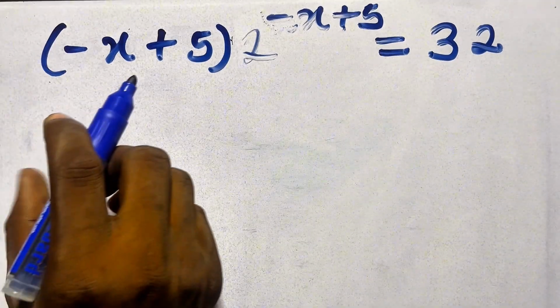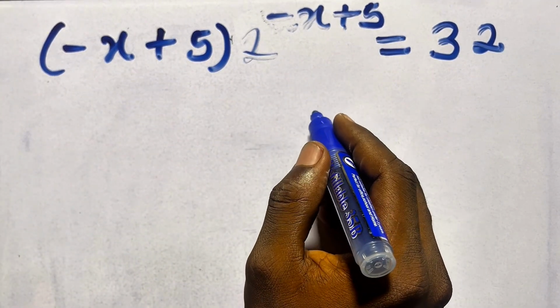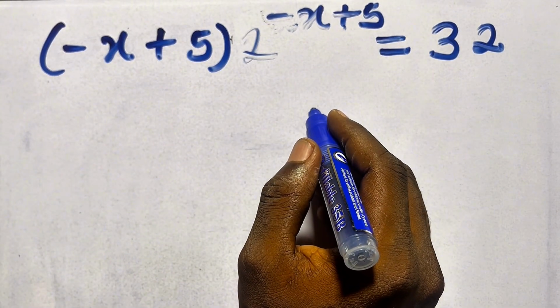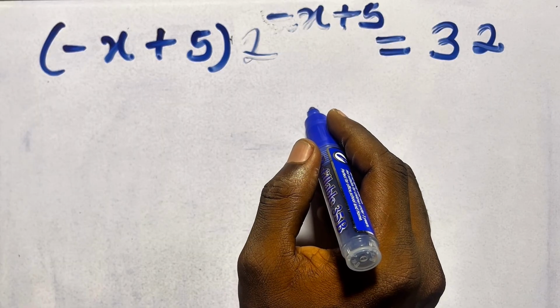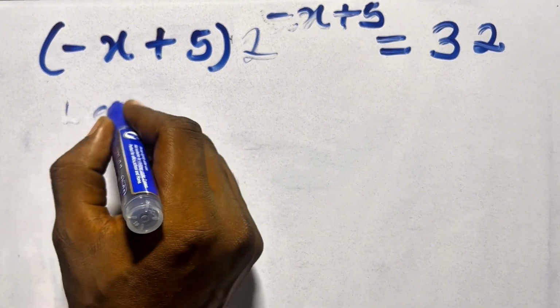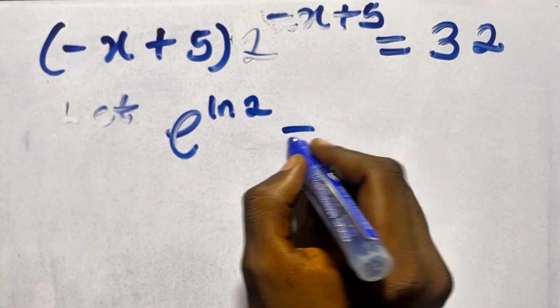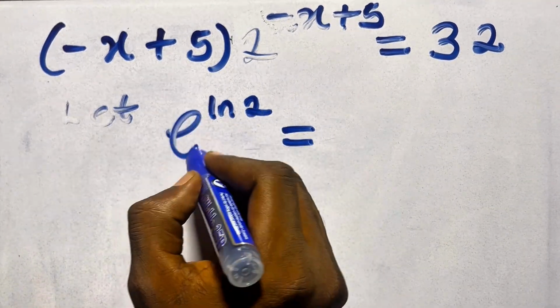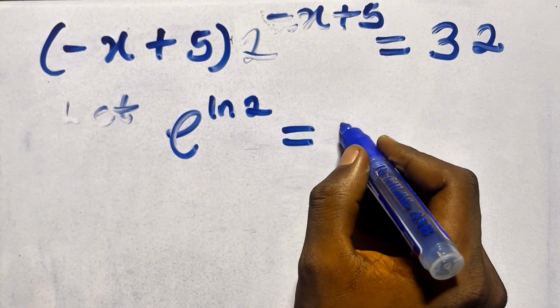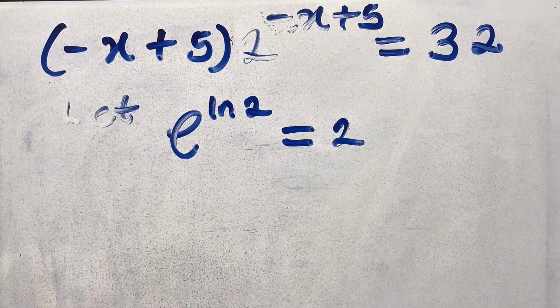So we have to introduce it, and to do that we use the natural logarithm. Let's write 2 as exponential ln 2. The ln will cancel the exponential, and we'll have our answer to be 2.